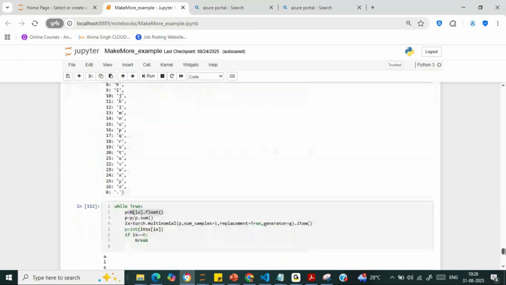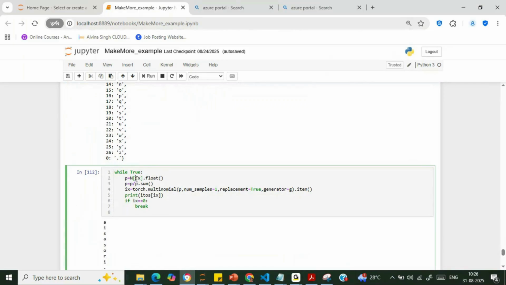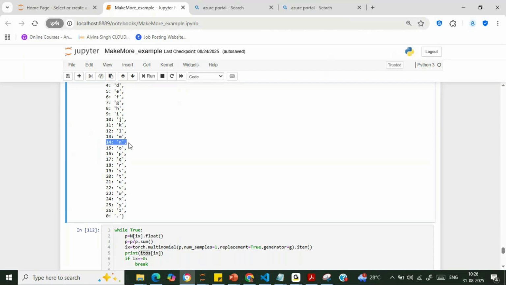Based upon the value of ix, if it is 0, it will take the first row, and it will convert it into float. It will find a particular sample, and that particular number p will be given to the multinomial function, and the multinomial function will provide me an index. Based upon that index, say 14 is there, so on 14 what I'm able to see is that n is the character or letter.